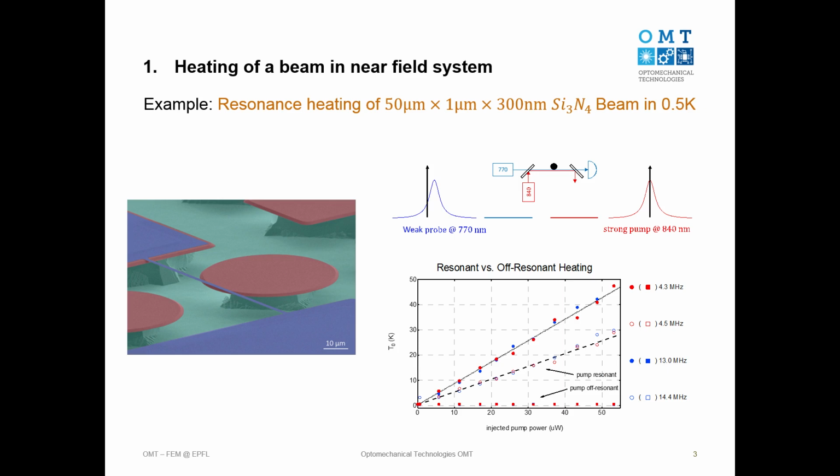Imagine I'm measuring with a weak probe, and then I put another probe on resonance. Practically, there should be no back action, right? It should be radiation pressure shot noise, but we know that at these scales that's very small. So if you pump on resonance, practically you should see no effect except radiation pressure shot noise.